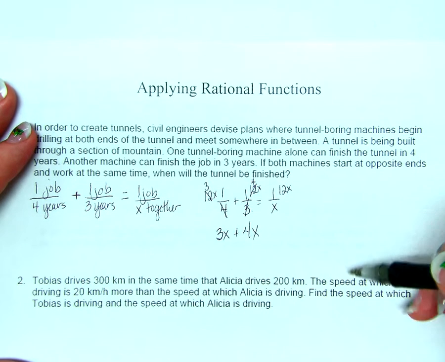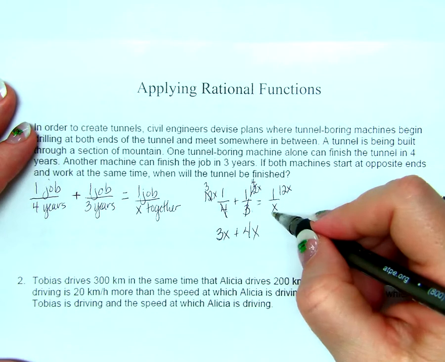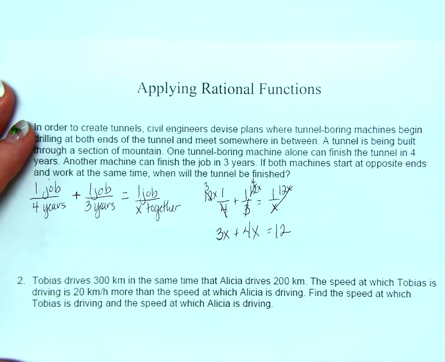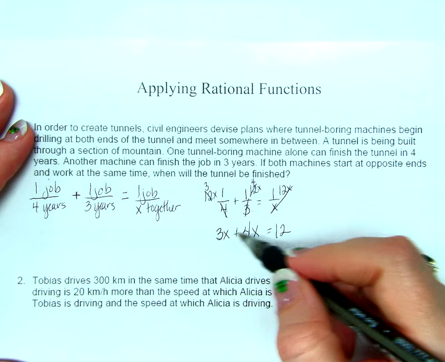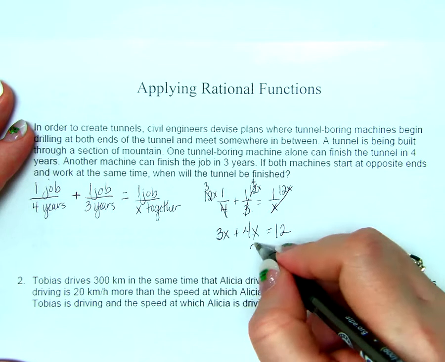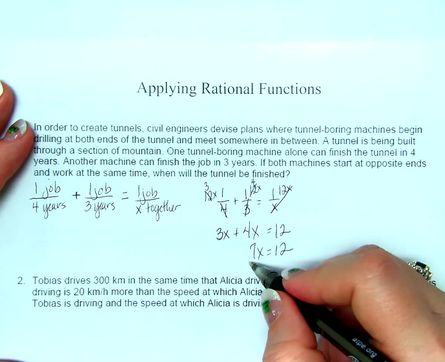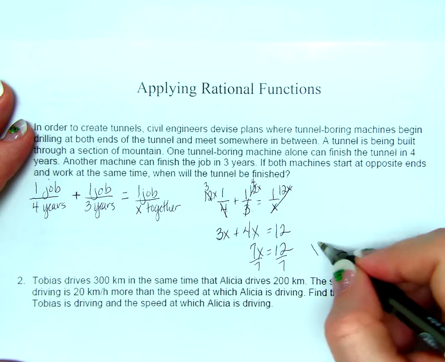And what happens in the last part? The x's simplify, equals 12. Wow. This is suddenly like a basic problem, isn't it? What's 3x plus 4x? 7x is correct. And now, divide by 7. What does x equal?